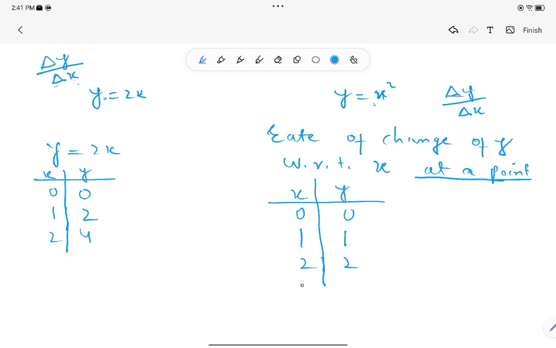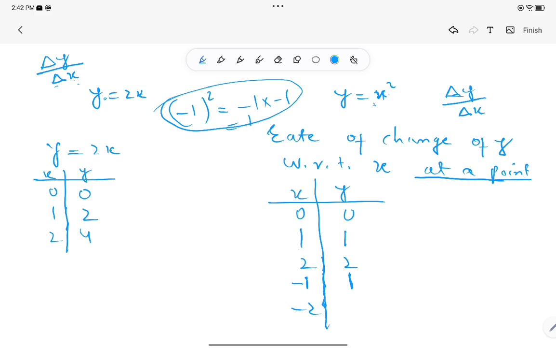Instead of 1, you could have substituted minus 1, and to your surprise, minus 1 squared means multiplying minus 1 twice, minus times minus gives plus, so this will give you plus 1 again. And if you substitute minus 2, you will get minus 2 squared, that is plus 4.